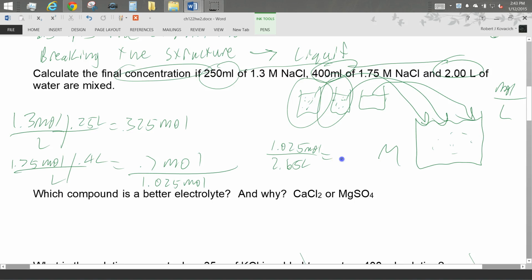And I get 0.3 something, how many sig figs? 2? Maybe even just 1. All right, I'll just write that. And so it looks like 1 sig fig, so 0.4 for my answer, because of the 400. Why is it this one? Because it's 400. We okay with that?